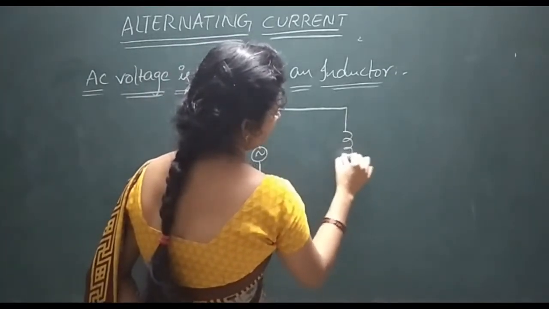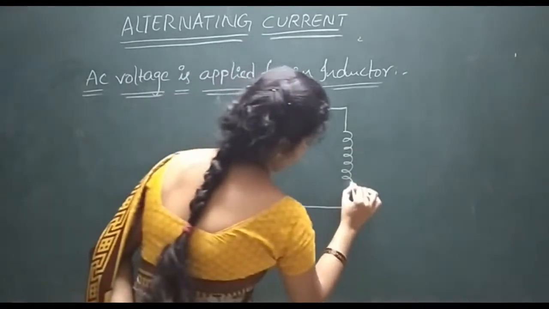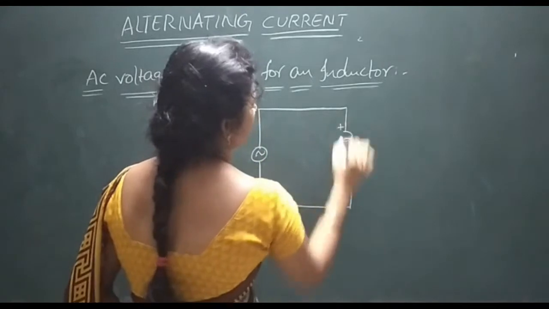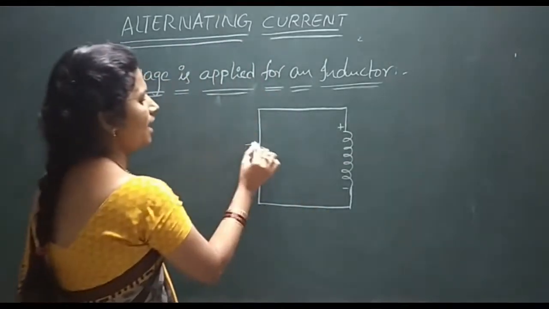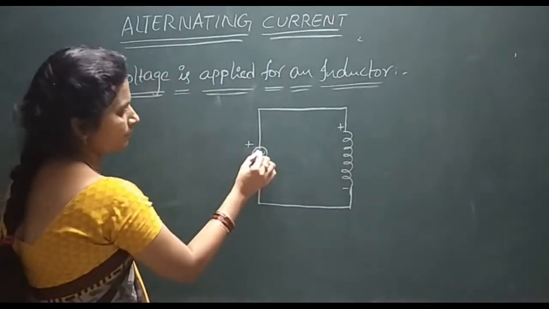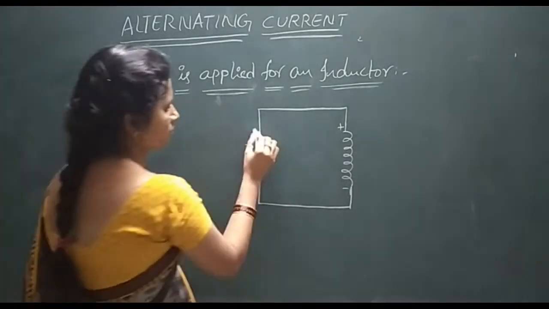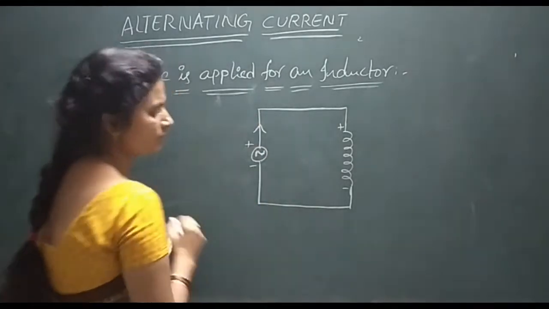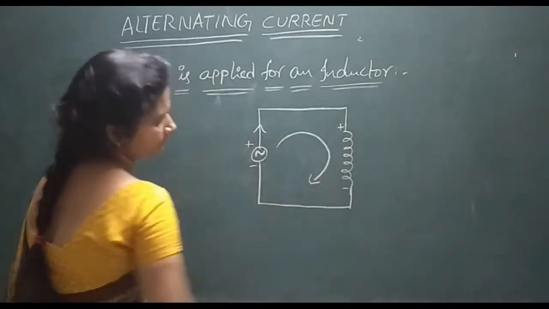This is the symbol of the inductor. This is the positive terminal of the inductor and this is the negative terminal. This is the AC voltage supply, the AC source. Suppose this is the direction of the current.